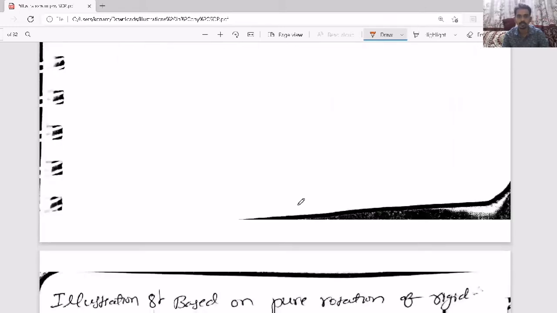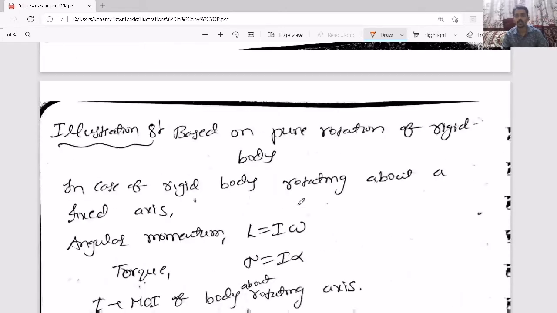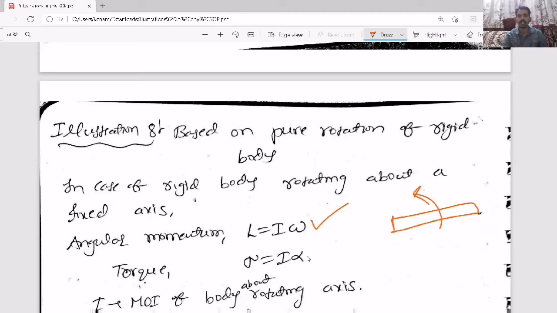Now, the next kind of question is based on pure rotation of a rigid body, or dynamics of a rigid body, where you consider a rigid body like a ring, disc, sphere, solid cylinder or rod, rotating about one of its axes. Then angular momentum and torque are defined like this.